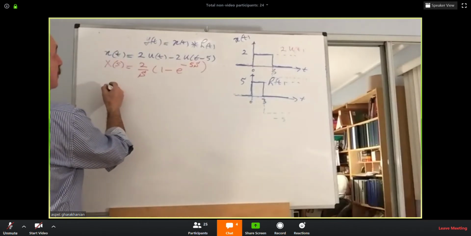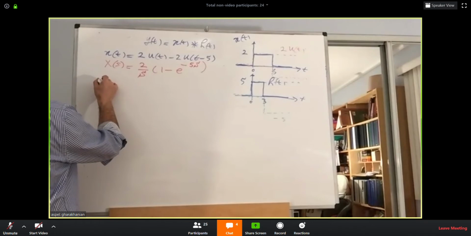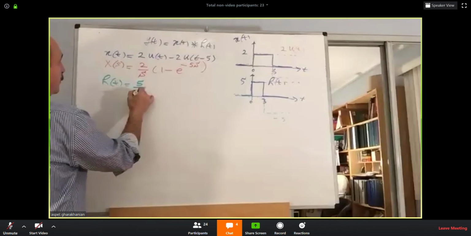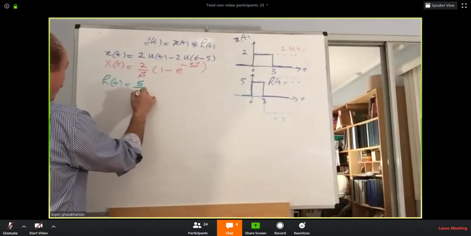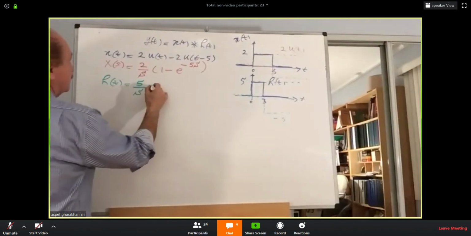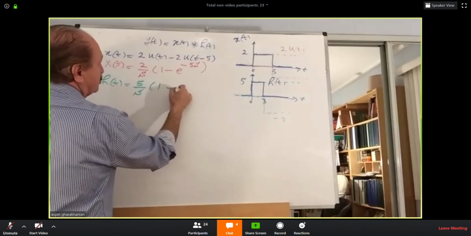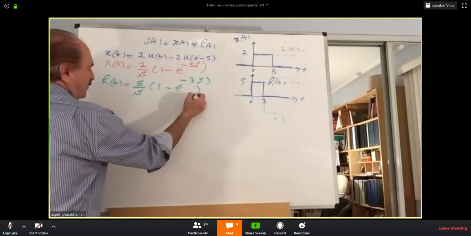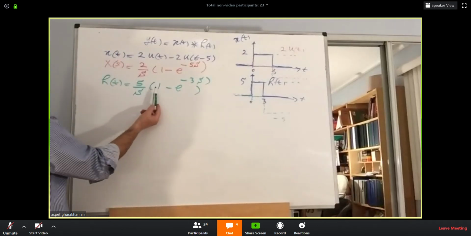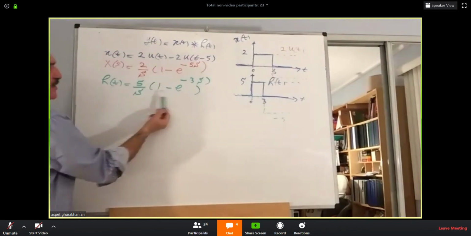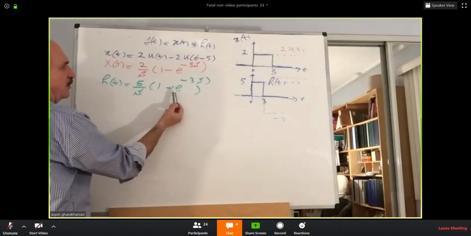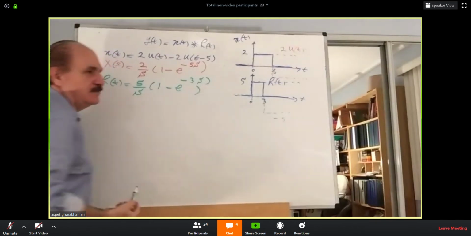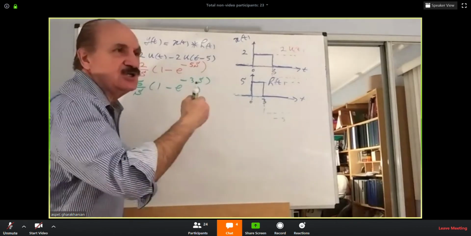So H of s is therefore equal to 5 over s multiplied by (1 minus e to the power minus 3s). I factored out 1 over s. Actually, it is 5 over s for the top, and for the bottom it is minus 5 over s, negative and shifted by 3, by the Laplace transform shift property.